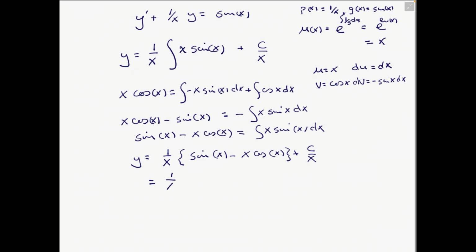So they went one on x times sine of x plus c minus cosine of x. That's the result that they gave. So it's not really that much of a matter. It's a little simpler form.